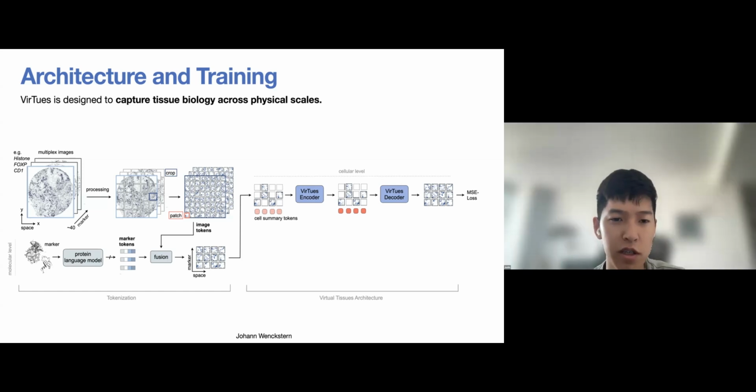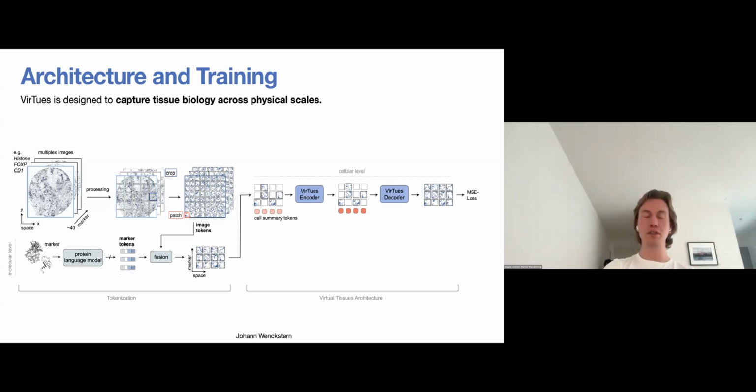I also had another question. When you say cell summary tokens, is it just referring to a per patch token? Because if I'm correct, there isn't any segmentation done during any of this process, right? So there's no guarantee that one patch correlates to a cell, right? Yeah, that's a good question. It has to do something with how we evaluate it, but you're right in the observation that it's not a one-to-one correspondence.